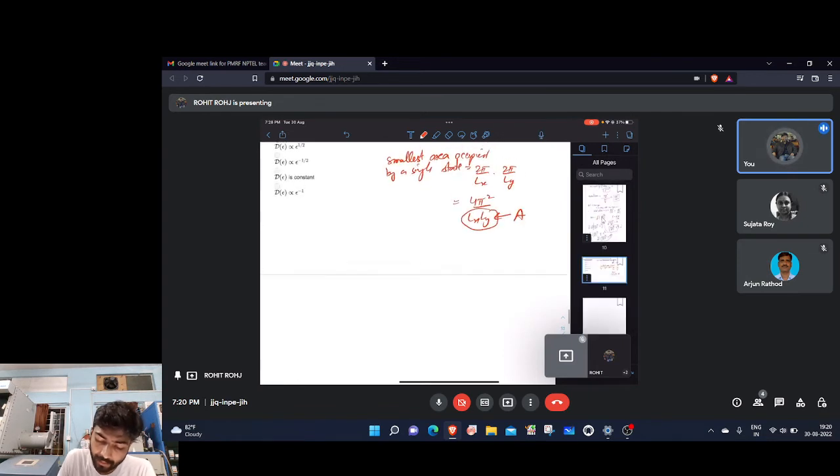Let us say the total area occupied by n states, replacing the radius by the general k vector, is pi r square, so that would become pi k square.